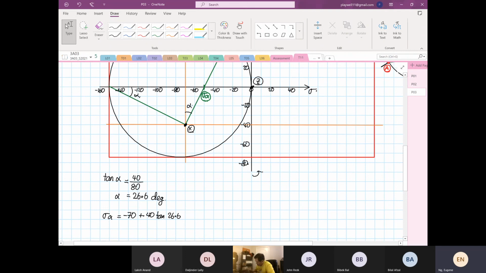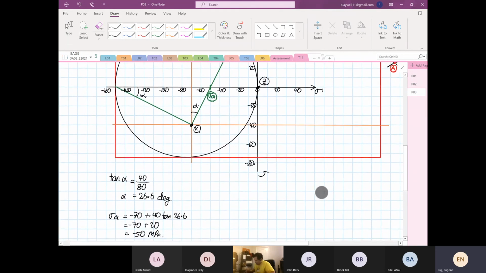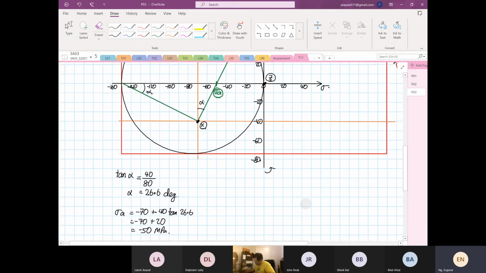So tangent 26.6 times 40, so it's minus 70 plus 20. Okay, so this is equal to minus 50 MPa. So if you see, we have drawn also at minus 50, right?